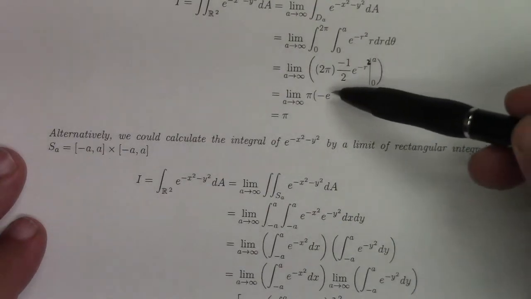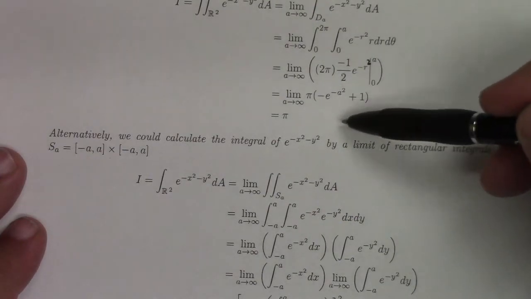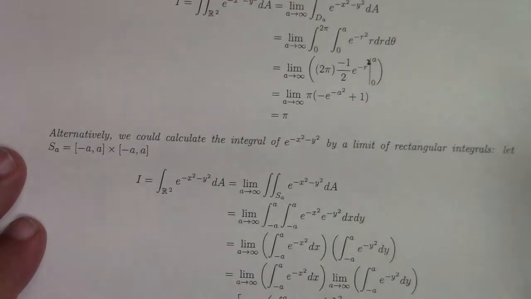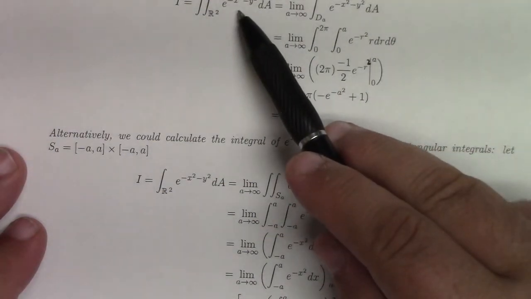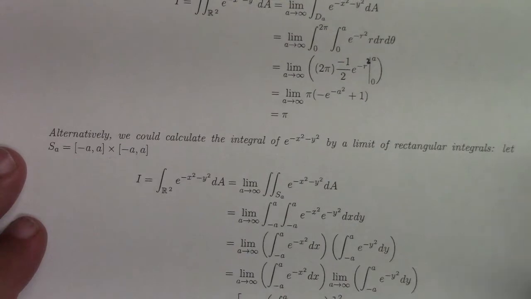We get e to the minus a squared plus 1. Of course, that drops to 0, and we're just left with pi. So the integral of that function over the whole plane, with this natural interpretation, is pi.